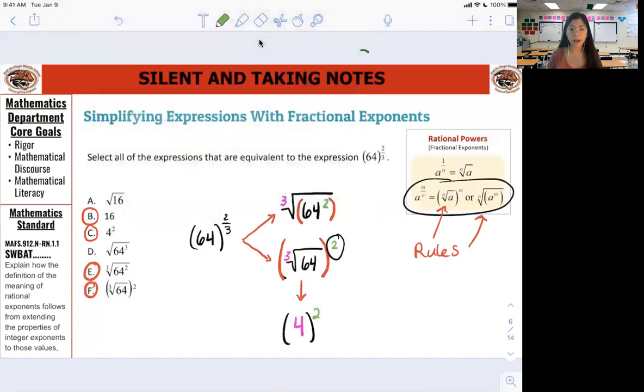Now I have 4 to the power of 2, and I can rewrite that because I know what 4 squared equals. 4 squared equals 16. So the steps to getting a final answer: step 1, rewrite the radical. Step 2, take the cube root of 64. And then step 3, 4 to the power of 2 equals 16. We're just going to keep following those 3 steps.